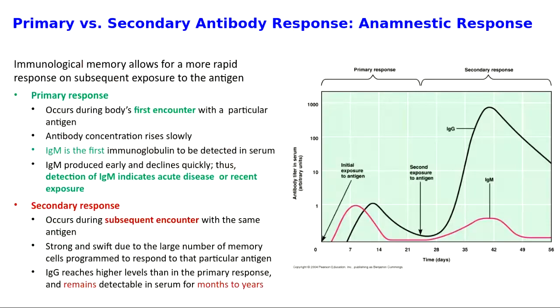Then we have slide number 9, and slide number 9 is very important. On the graph on the right, we have a schematic of how the body reacts to the presence of an antigen, and how it looks in immunoglobulins, or antibody response. I'm going to use COVID-19 as an example.